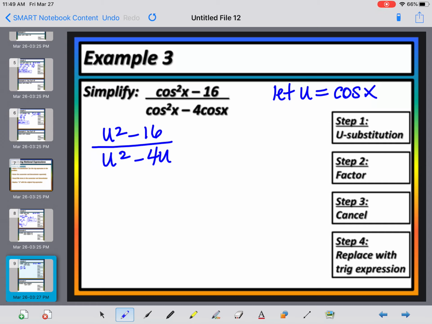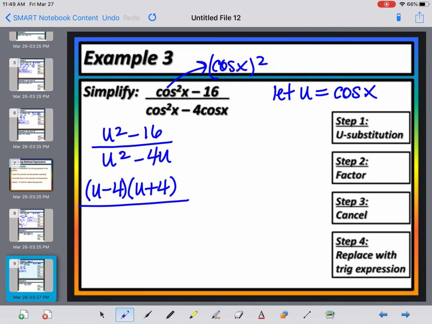As you do more of these, you're probably getting more comfortable. You might not necessarily have to rewrite this as cosine x squared. You might be able to go right into let u equal and then replace that.